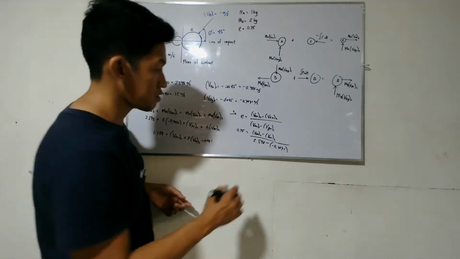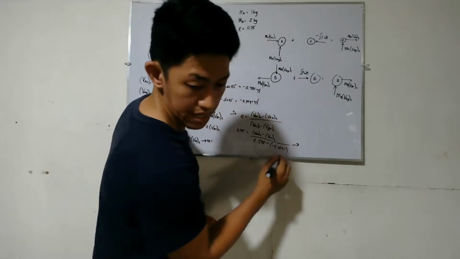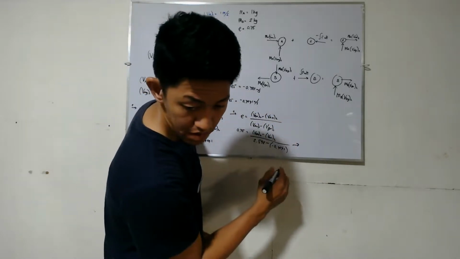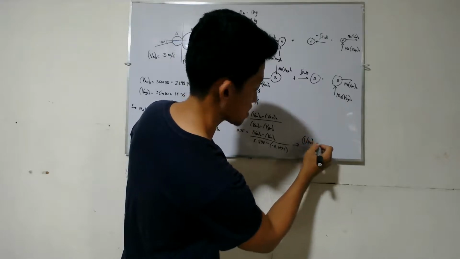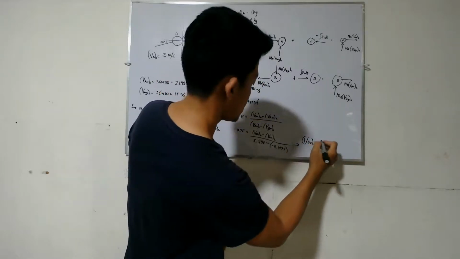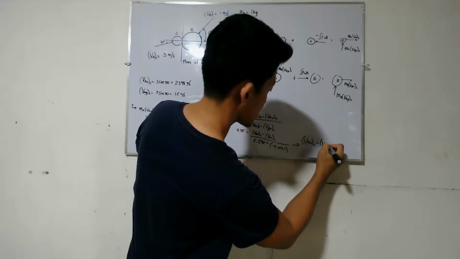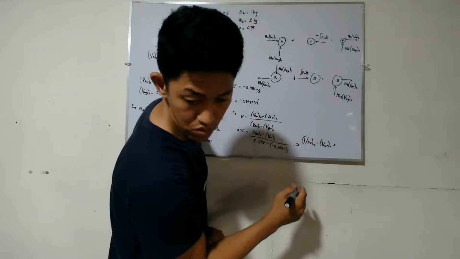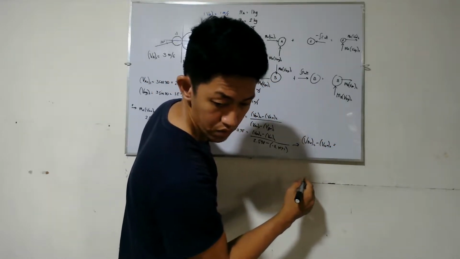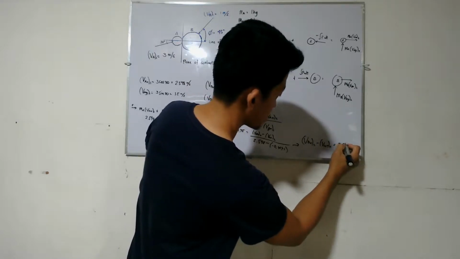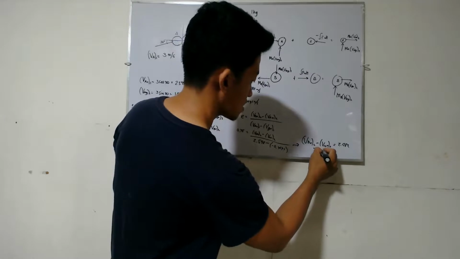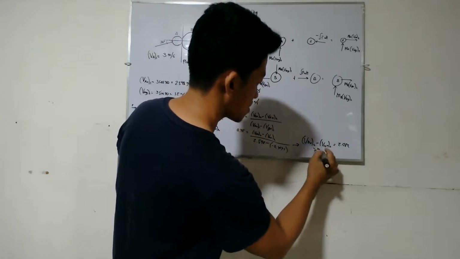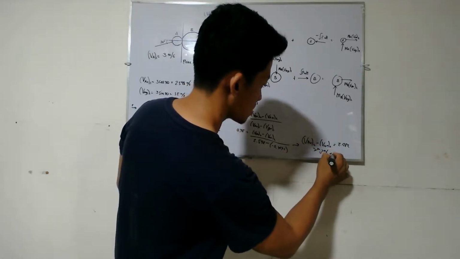So the equation would be velocity VBX2 minus velocity VAX2 is equal to 2.48. Okay, so this is your second equation.